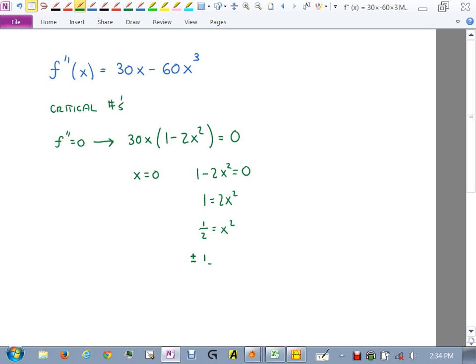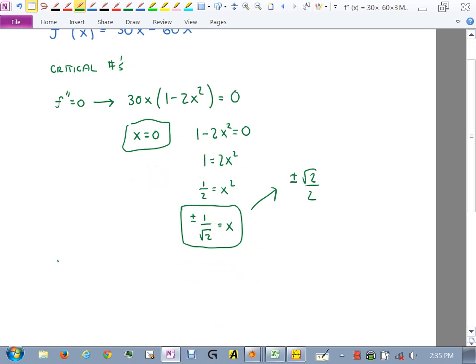Plus or minus 1 over root 2. Do square root on top and bottom. I have 3 critical numbers here, don't I? 0, positive and negative 1 over root 2. And also, you could have written it this way, root 2 over 2. You probably recognize 1 over root 2 is one of the common problems from pre-cal. 1 over root 2 is the same as root 2 over 2. So you could do either way.